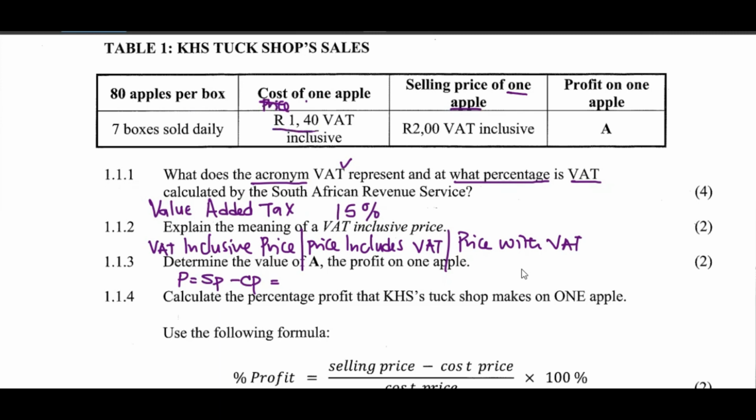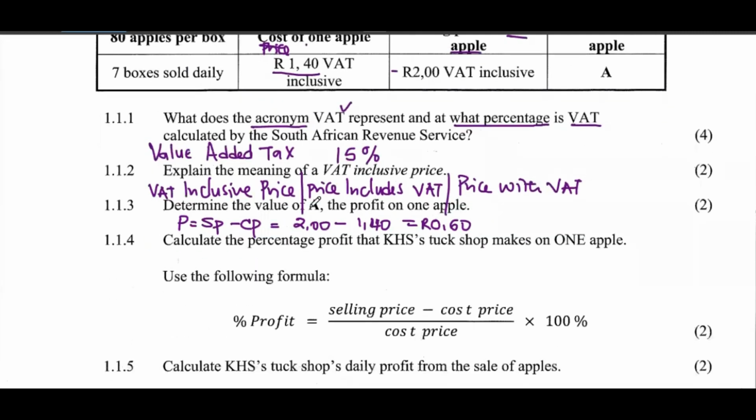So when they buy the apple from the market, they buy it at 1 rand 40 cents. And when they sell 1, they sell it at 2 rands, VAT inclusive. So how do you get the profit? Profit will equal the 2 rands they sell at minus the 1 rand 40 cents they buy at, and they make a profit of 60 cents.